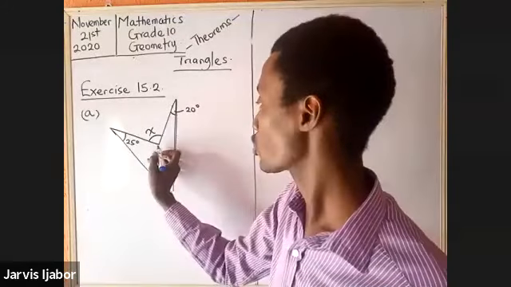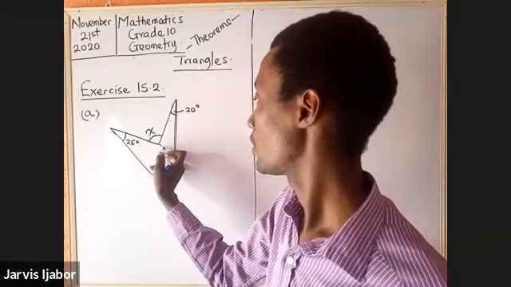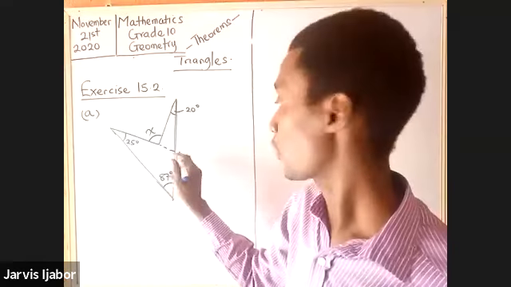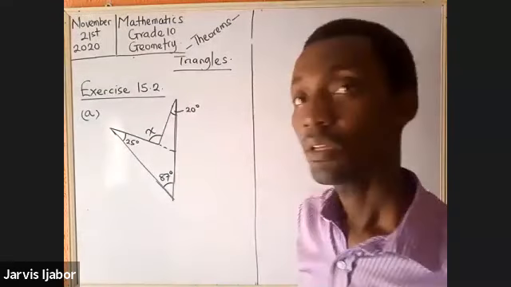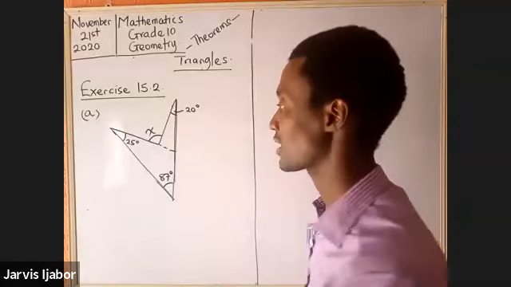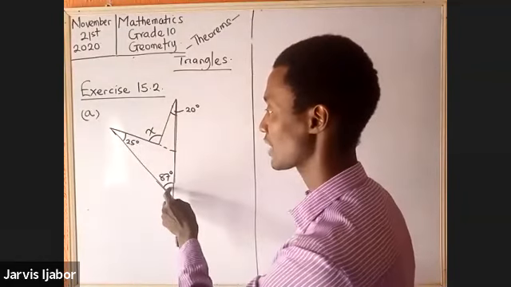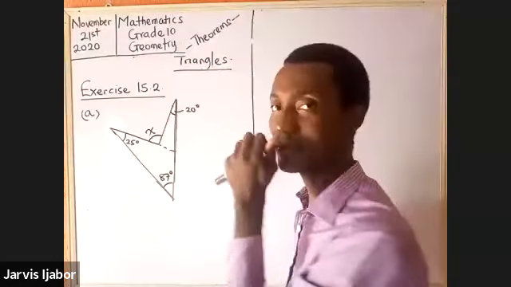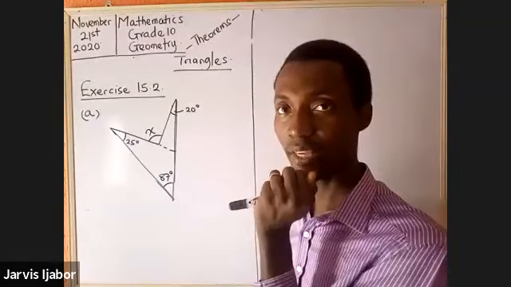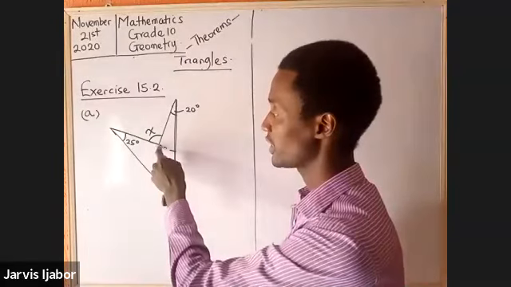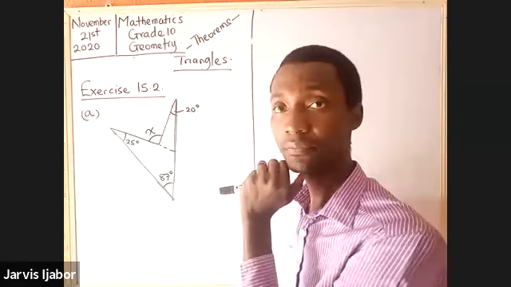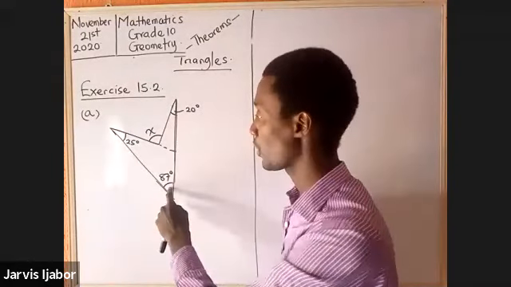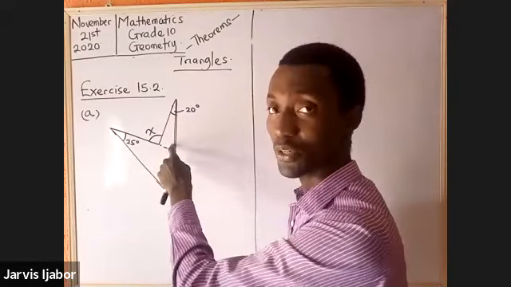Now, you can choose to join this point to this point, so that when I add these two angles, I can get this one. And when I add these two angles, I can get this. I come again. You can choose to join this way so that if I add these two angles, the opposite interior angles will give me the exterior.